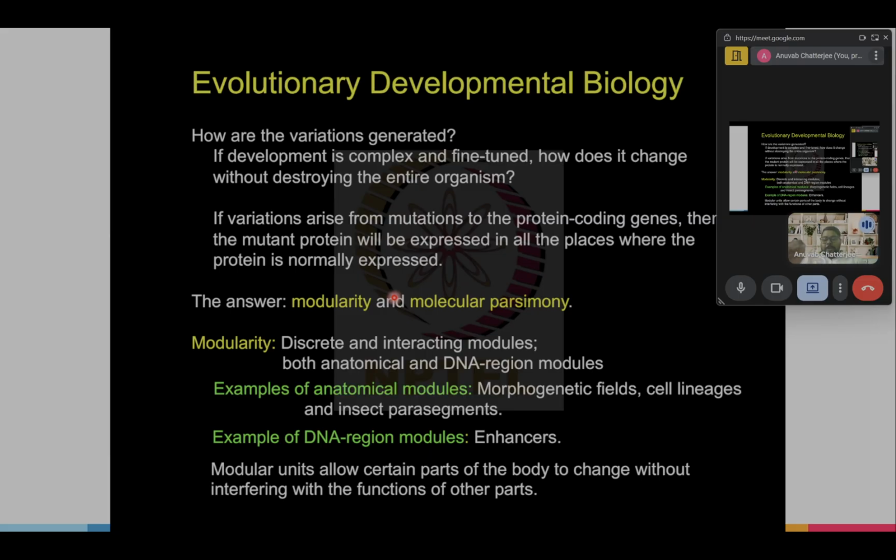Minute changes to individual ones can give rise to variations, but if a detrimental problem comes up from these changes, then the paralogs can redundantly rescue such a phenotype, and thus your organism's body plan remains the same. Thus, having a number of copies of the same genes helps in maintaining molecular parsimony, as well as allowing development to contribute towards evolution.